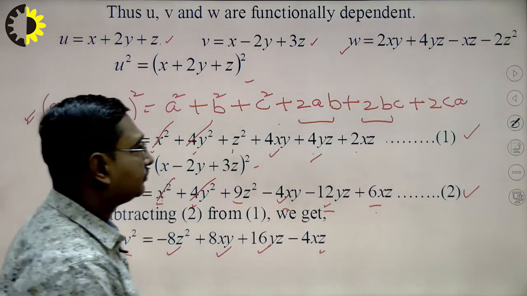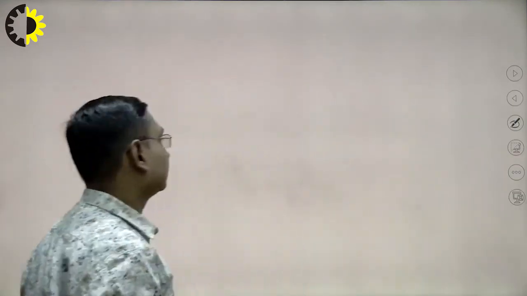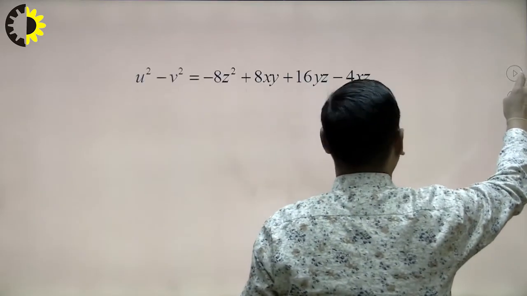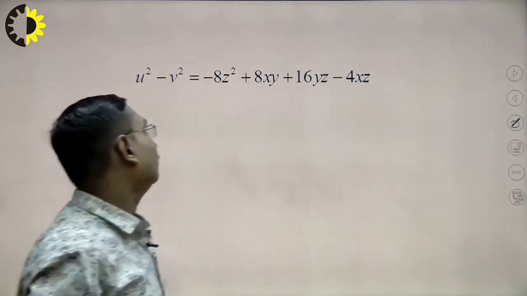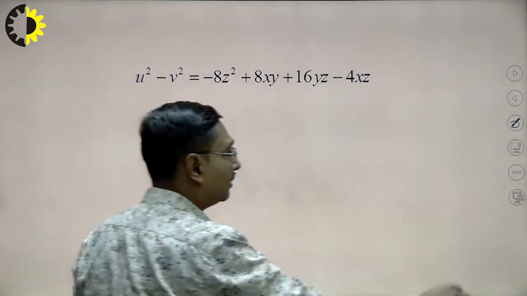Now, this is our value of u square minus v square.